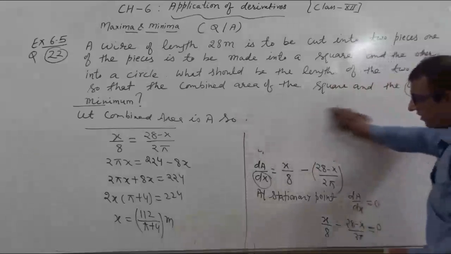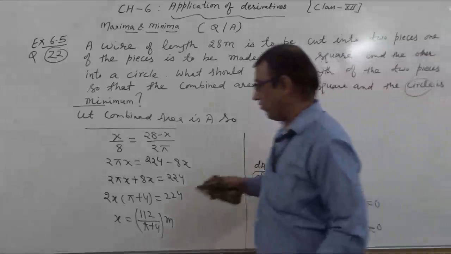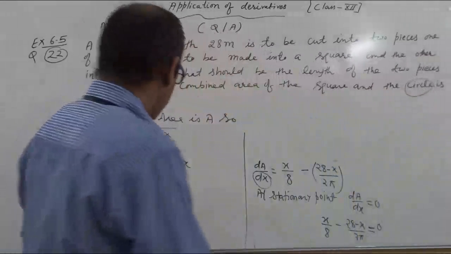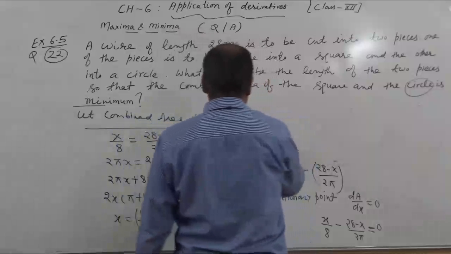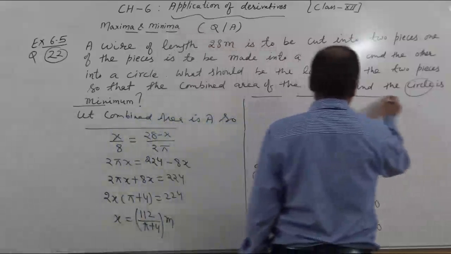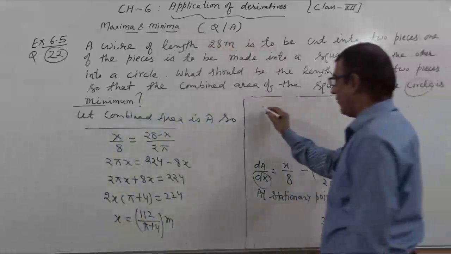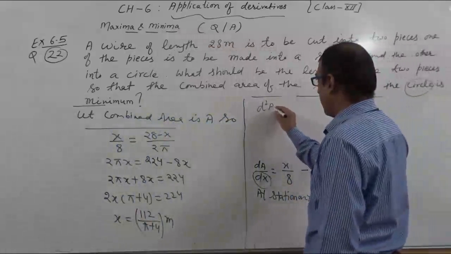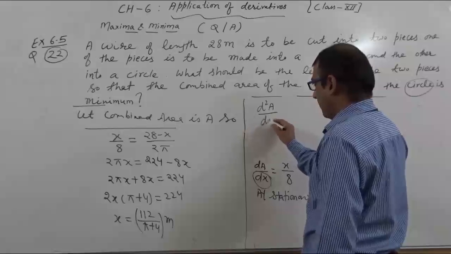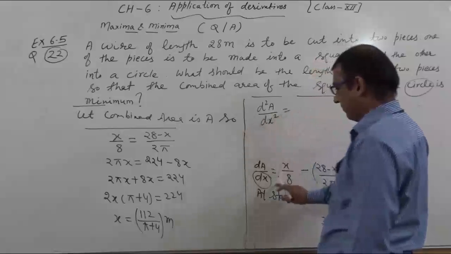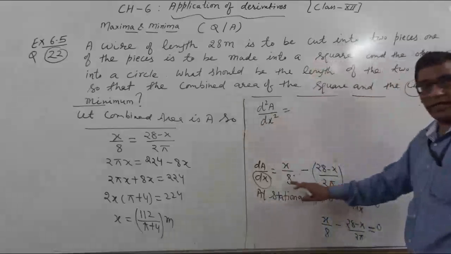This is the first differentiation. After this, we will continue with double differentiation. So when we solve d square A upon dx square from here, this is the first order derivative.